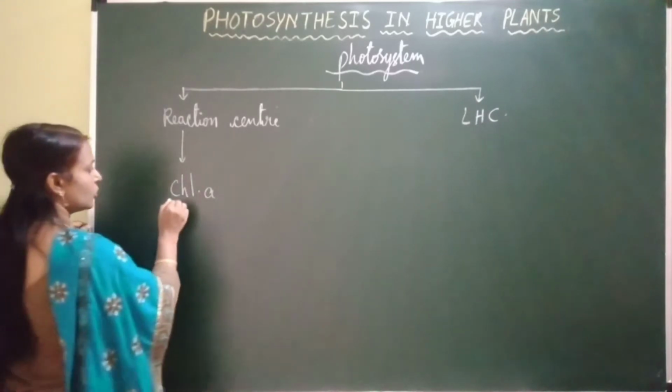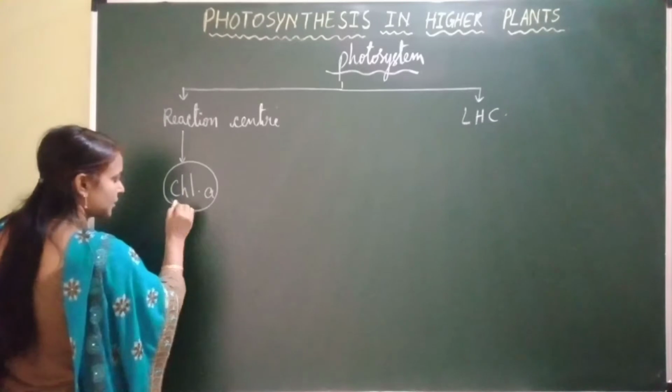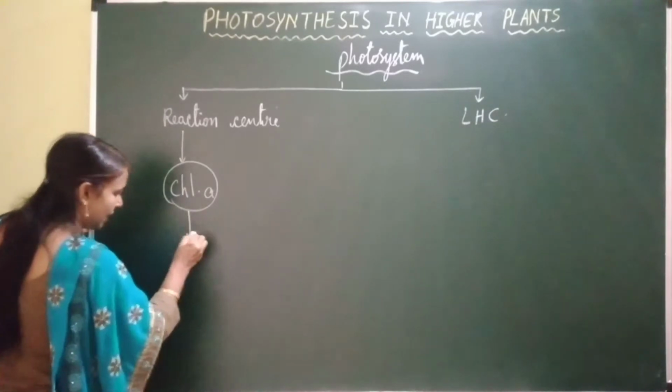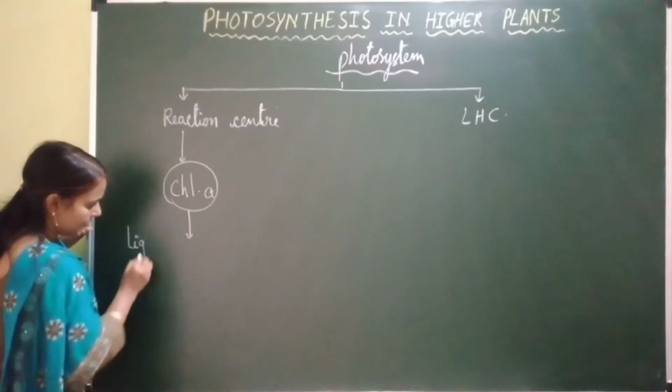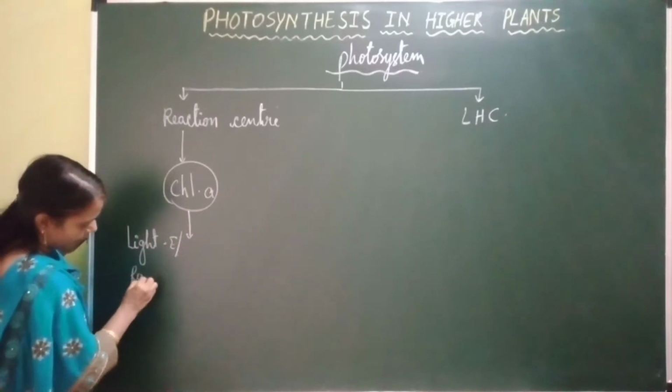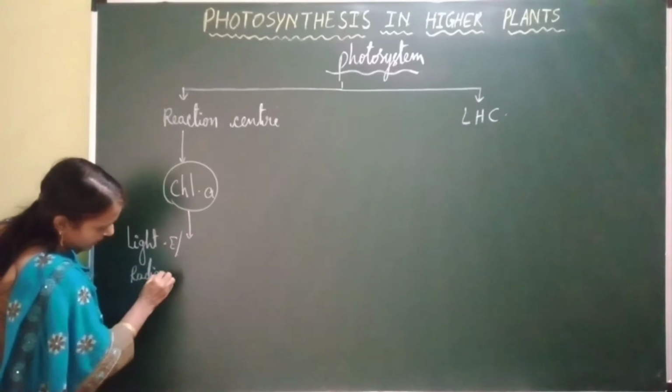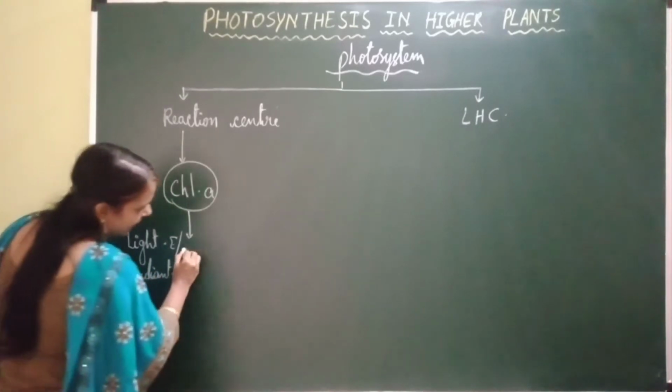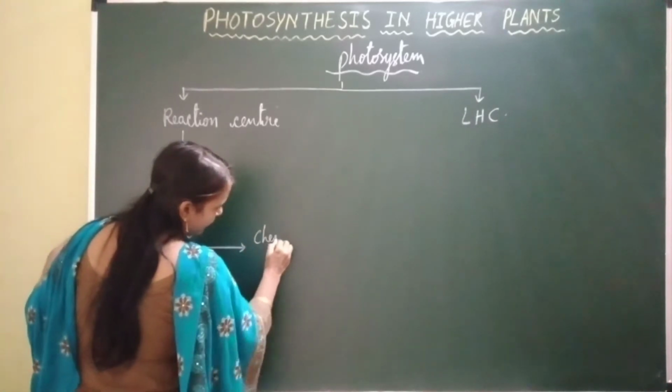So this one molecule of chlorophyll A which forms the reaction center is involved in the conversion of light energy, that is nothing but radiant form of energy, into chemical energy, that is nothing but ATP and NADPH.